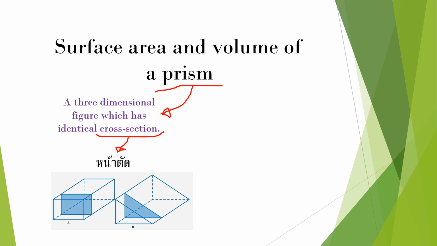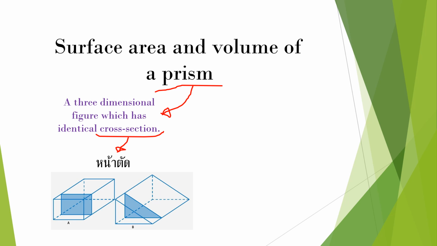Look at the figure. The shaded part there is what we call the cross-section. Take a look at figure A. The cross-section there is a rectangle.